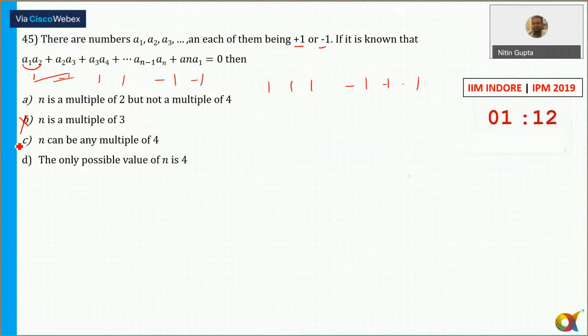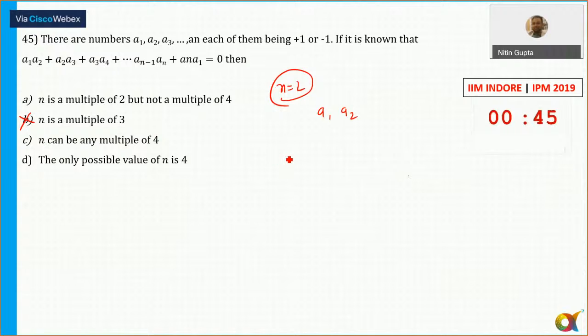But then for the remaining options, it says n is a multiple of 2 but not a multiple of 4, or n can be any multiple of 4, or the only possible value of n is 4. So let's check here. If n is a multiple of 2, let's take n equal to 2 and identify. So there are only two terms, that is A1 and A2.